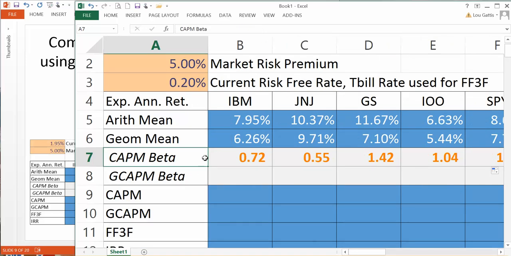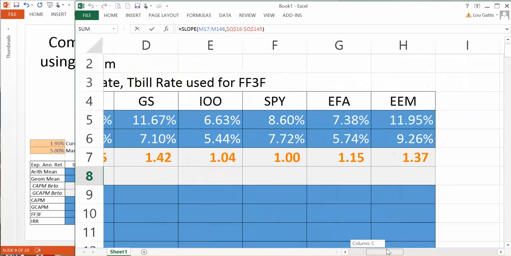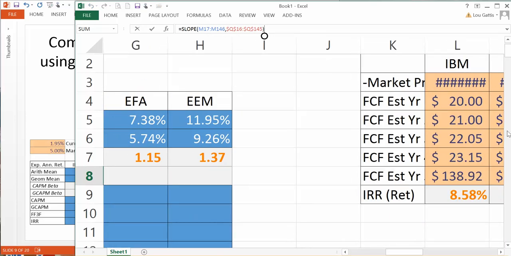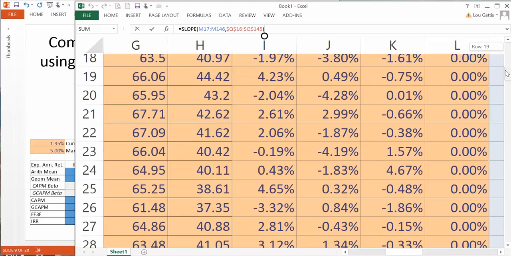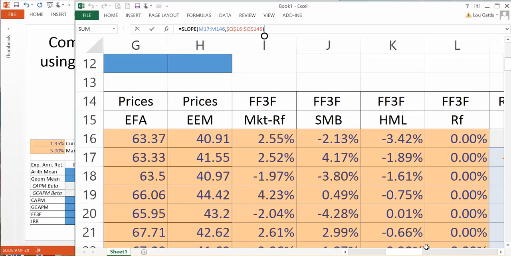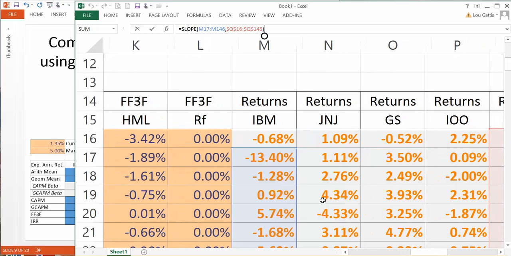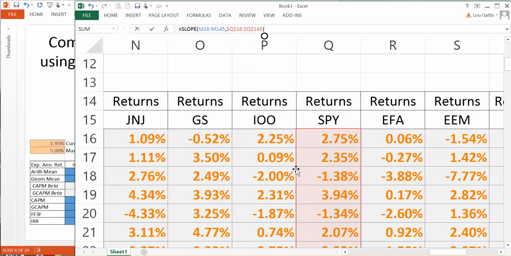And then I'm going to do the same thing for global CAPM. I'm going to copy this formula and just adjust it a little bit. I need to capture IBM's returns against IOO. So I'm going to take my formula, make sure I have IBM's returns. I had to move that up a little bit because it got dragged down. And I'm going to switch this over to get IOO's returns.